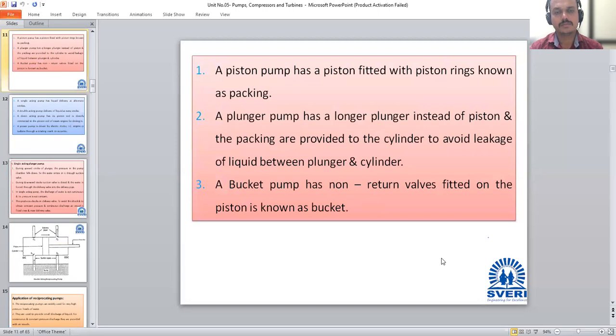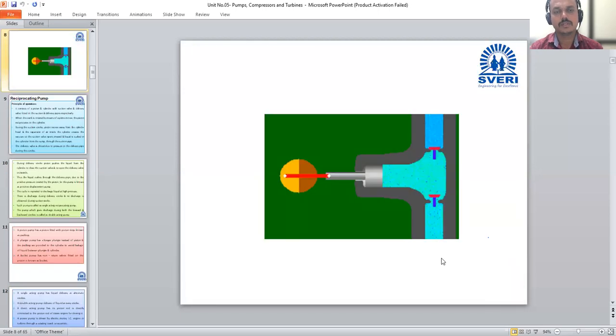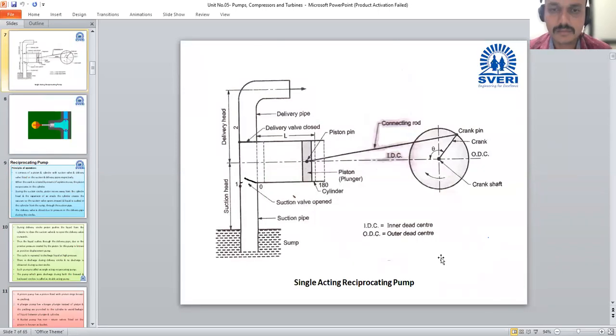So there is a problem of discharge in the reciprocating pump. Here we get intermittent discharge. It means, for example, this is the discharge and this is the time. If this is 0 degree, this one is 180 degree.